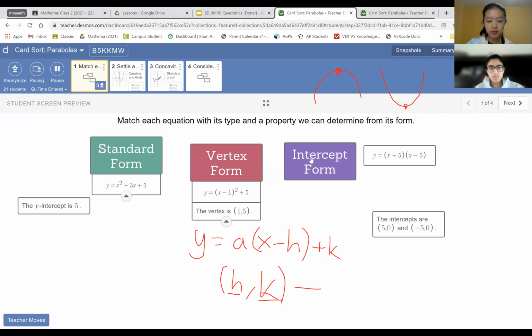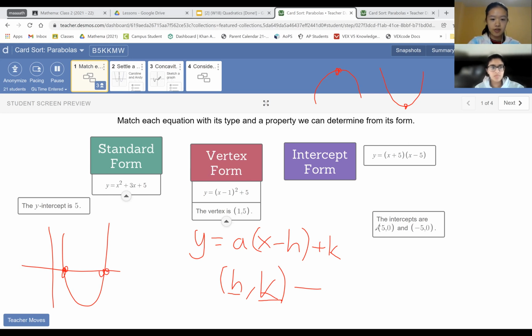And finally, intercept form, like the name suggests, lets you find the x-intercepts of the parabola. So basically, it lets you find where the parabola crosses the x-axis. For example, if this were a parabola, these would be the intercepts.